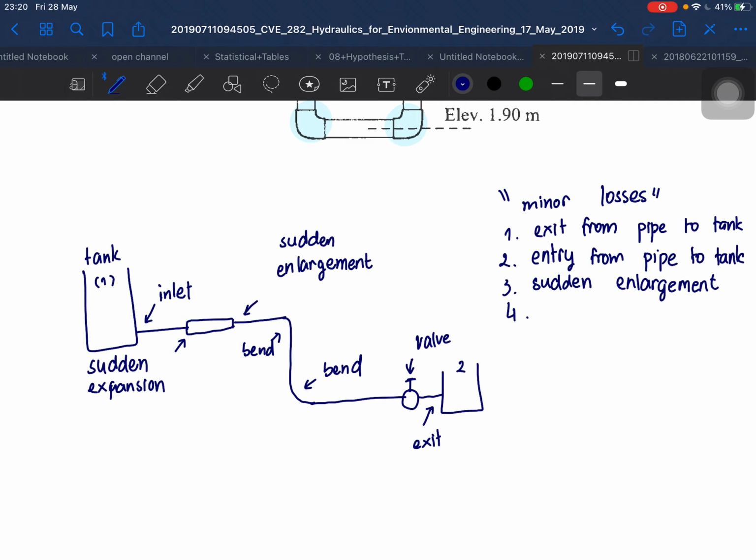Sudden contraction in the pipe. Bends in the pipe.